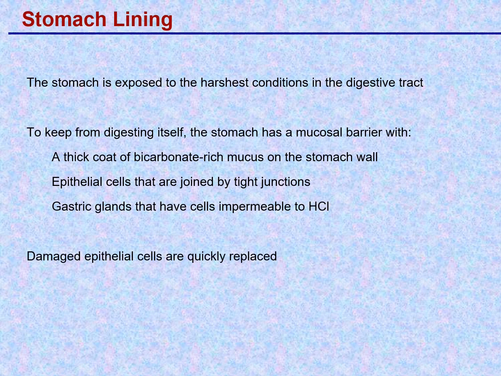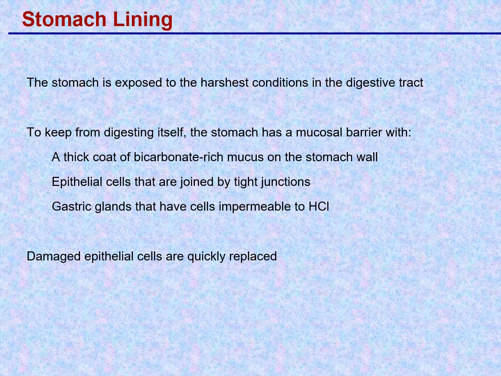Okay, so inside the stomach is a very harsh condition, and ordinarily, if it didn't have that barrier of alkaline, bicarbonate-rich mucus, it would digest itself. Bicarbonate is alkaline. The epithelial cells lining it not only have that layer of alkaline mucus protecting them, but they also have tight junctions which prevent any entry of the gastric juice acids down between the cells.